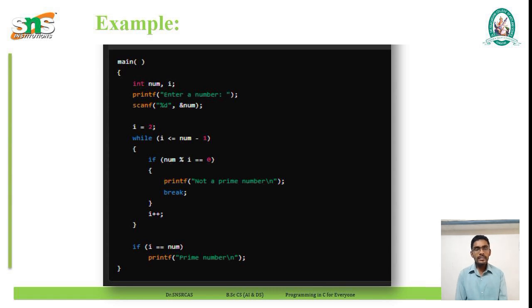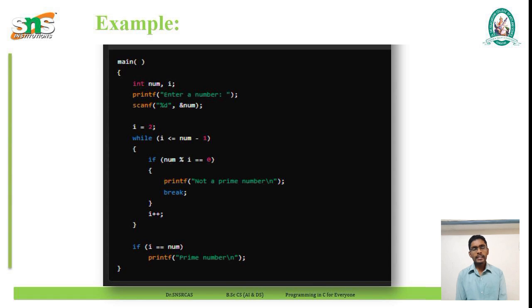The variable number is user input. So here the number is modulo divided by i and checked against the value 0, which means if a value is divided by a number and the remainder is equal to 0, the number is exactly divisible by the denominator, so the number is not a prime.